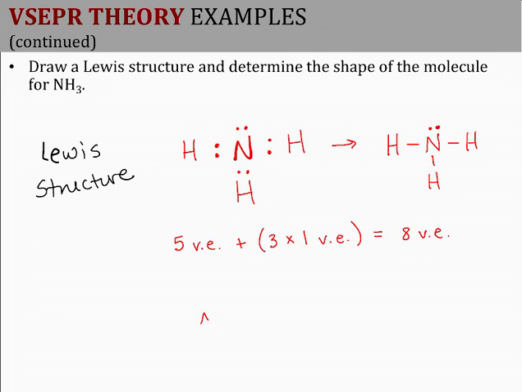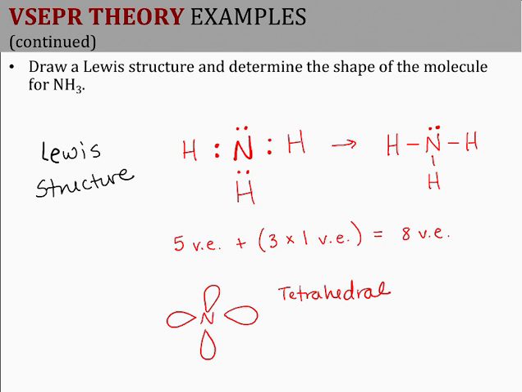So if we were to draw those as balloons, I don't know if this quite makes sense, but we do have 4 total groups surrounding nitrogen. So what shape would this molecule have? So hopefully you said tetrahedral.